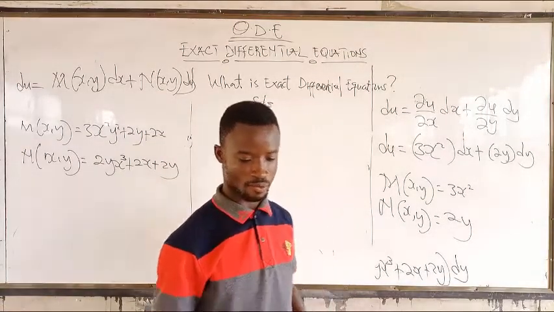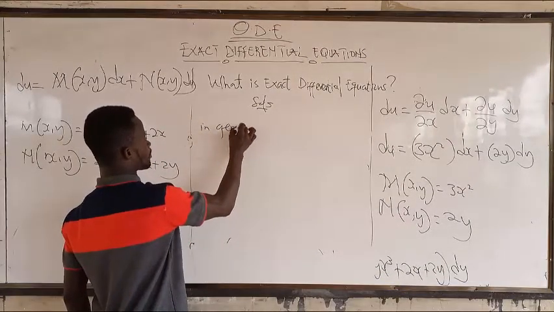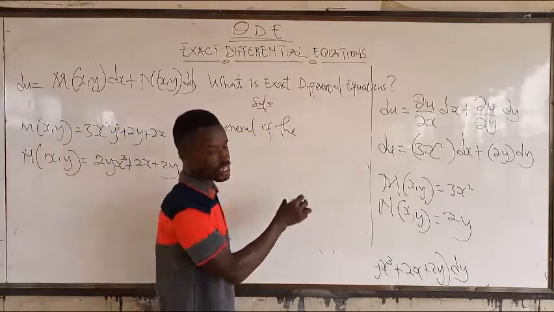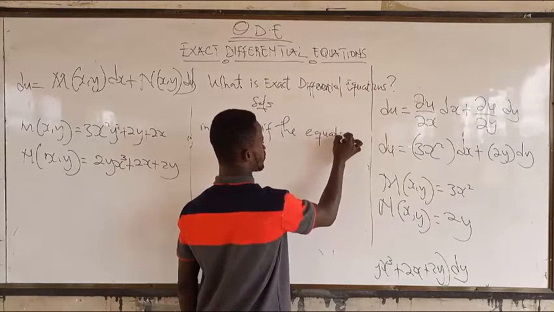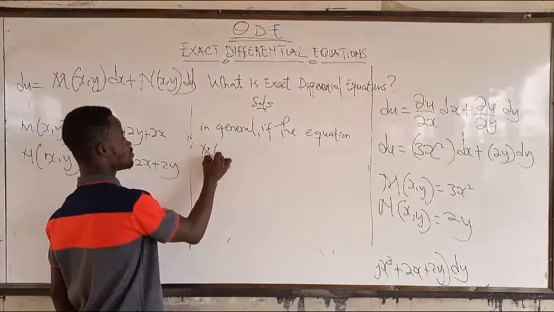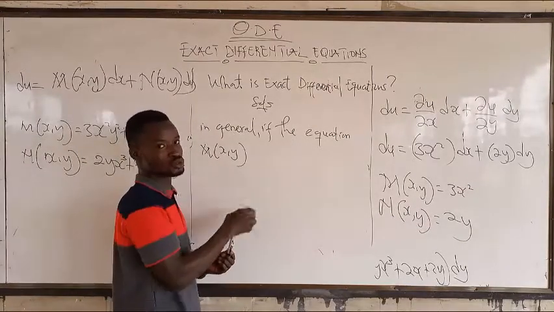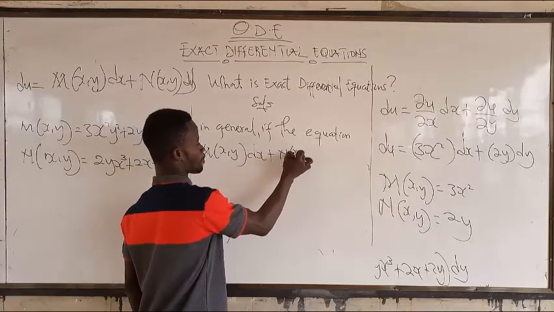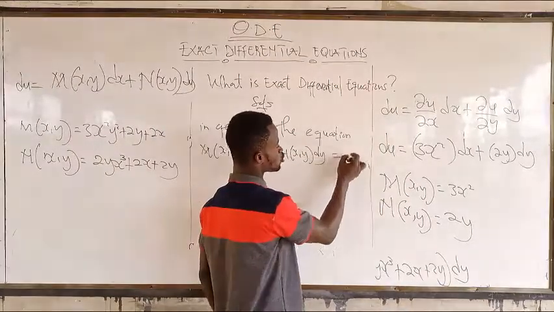In general, if the equation M(x,y) dx plus N(x,y) dy, which is the total derivative of u, is equal to 0.